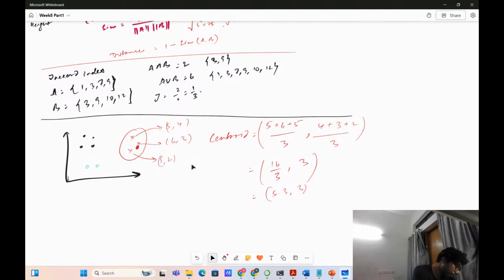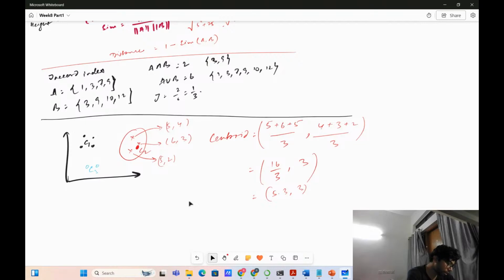Similarly, I can take the centroid of other clusters. So let's consider this C1, C2, and this will be over here, which is C3. Okay, so these are the centroids of these three clusters. Okay, now what is the intercluster distance?